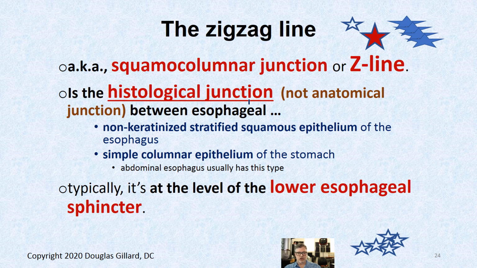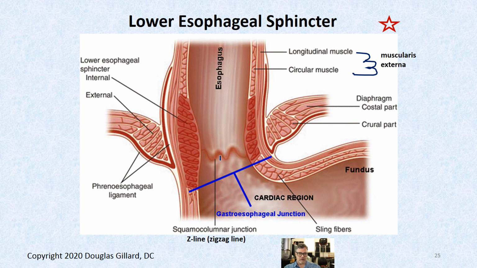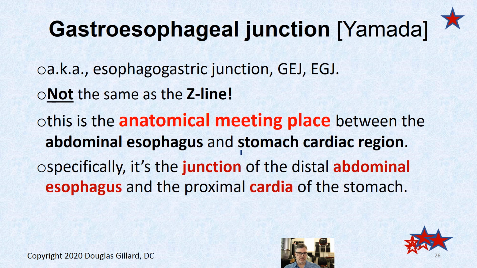Zigzag line we talked about. It's the histological junction between the abdominal esophagus and the main part of the esophagus. It's made of non-keratinized stratified squamous epithelium and a little bit of simple columnar. The gastric portion is simple columnar epithelium. It's typically at the level of the lower esophageal sphincter. We've already looked at it. We've already talked about it.